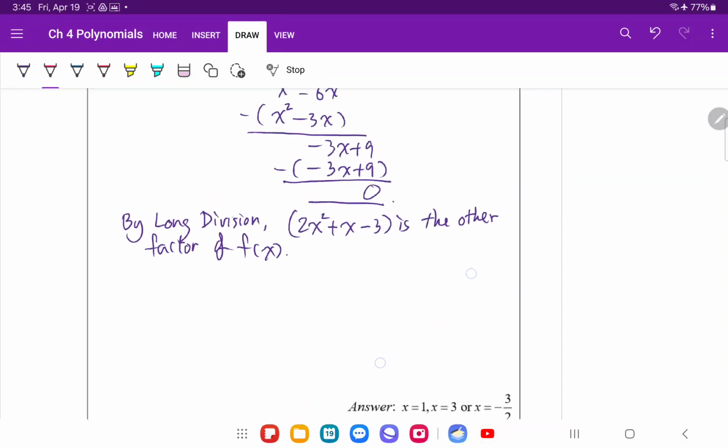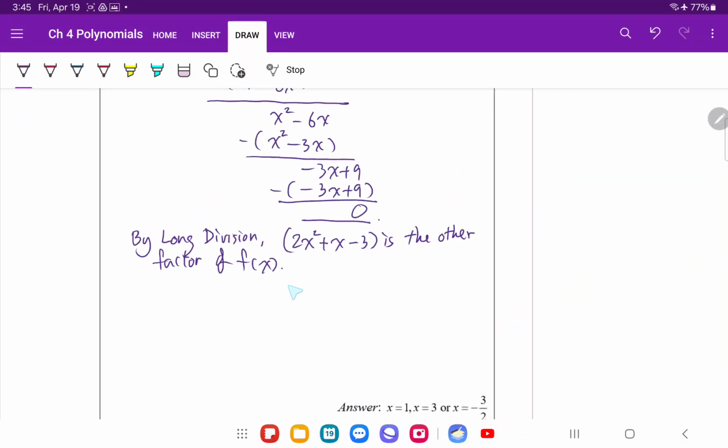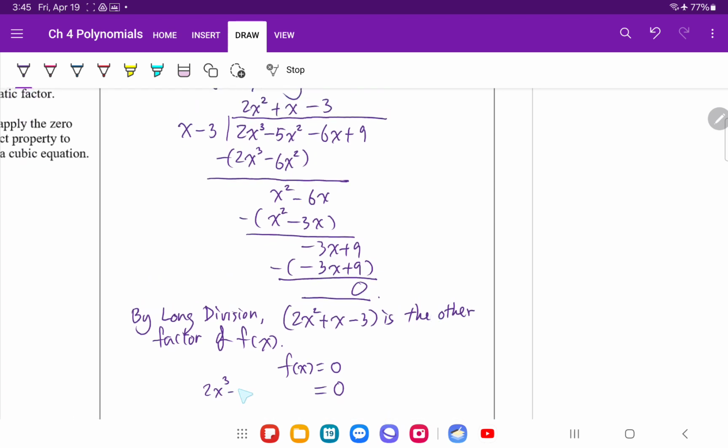Okay, so using this, I will say f(x) equal 0. Now the f(x), initially it was 2x cubed minus 5x squared minus 6x plus 9.